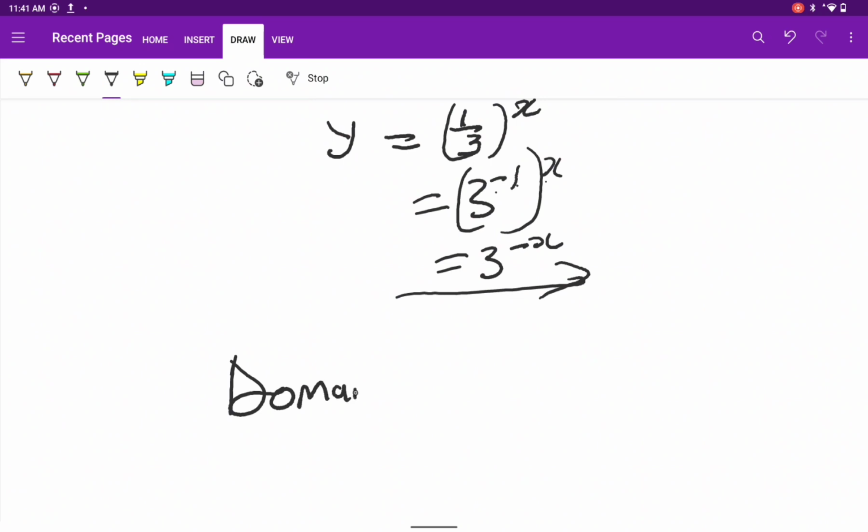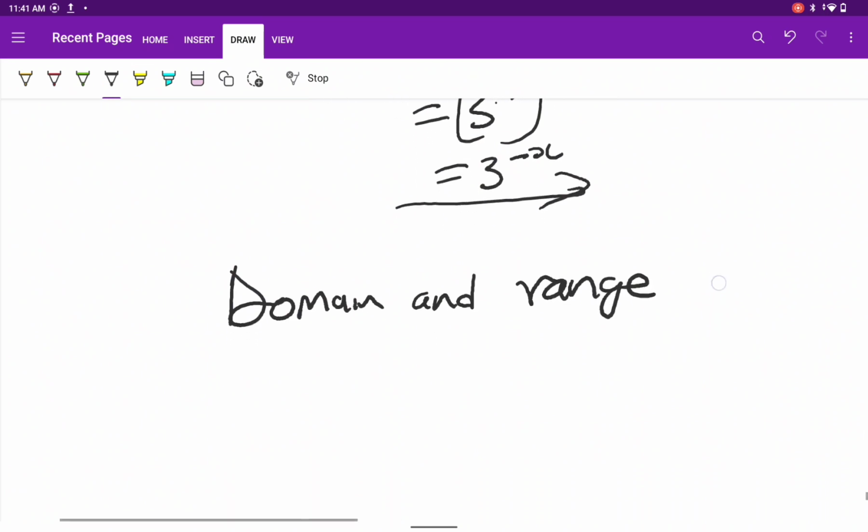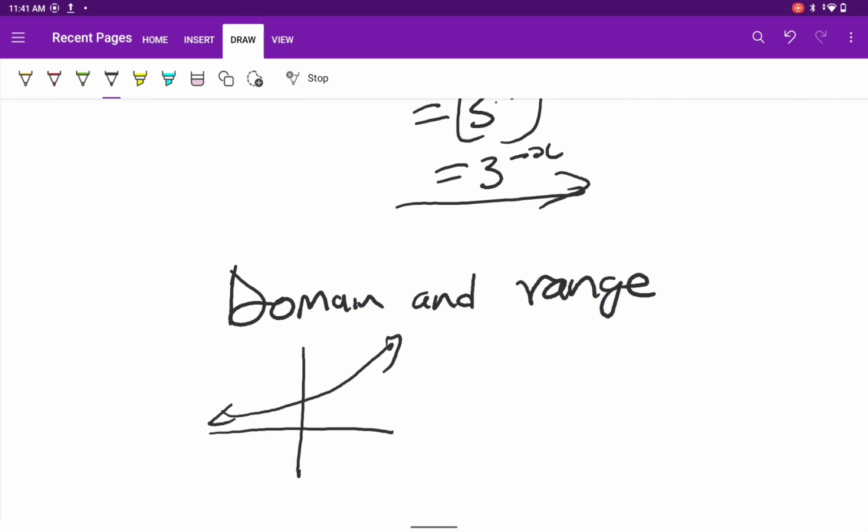Now, with the domain, for an exponential function, the domain is any value of x. If you check, there's nowhere any x value can touch the graph.